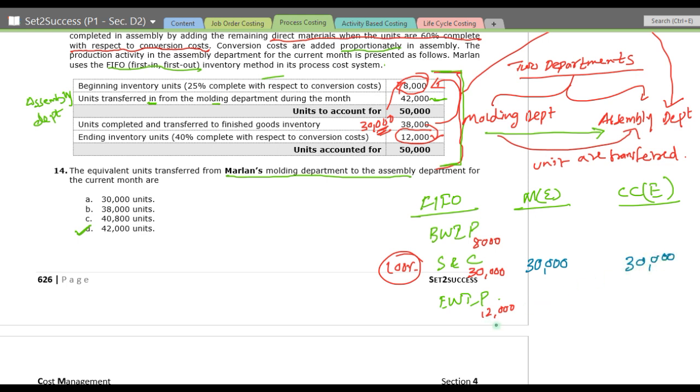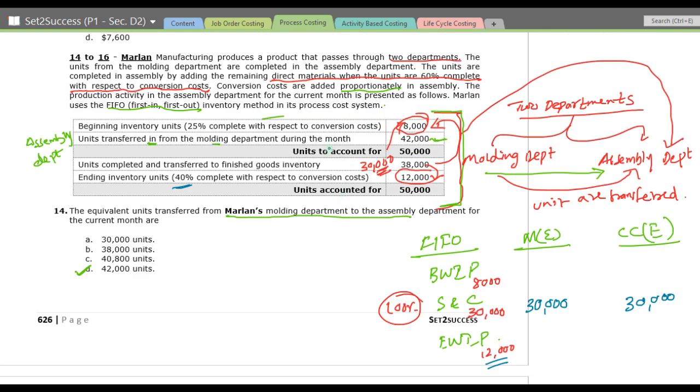Now the ending working process is 12,000 and we have completed only 40%. Materials are added when the units are 60% complete, but we have completed only 40%. Since it hadn't reached 60%, no material will be added here.